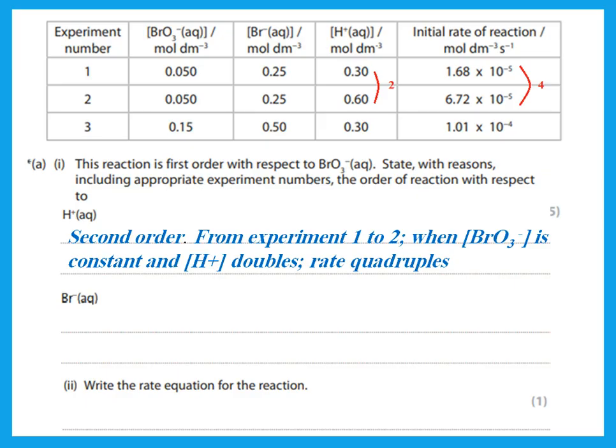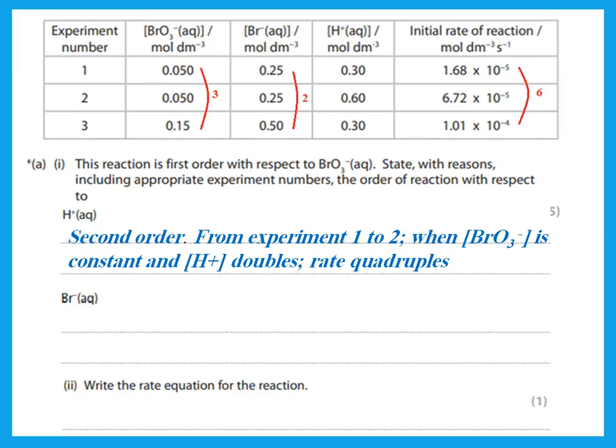Then let's take a look at bromide. What happens to the bromide? Okay, let's choose 2 experiments in which the bromide is changing. Now, our problem here is that I don't have 2 experiments in which both of the other reactants are not changing.